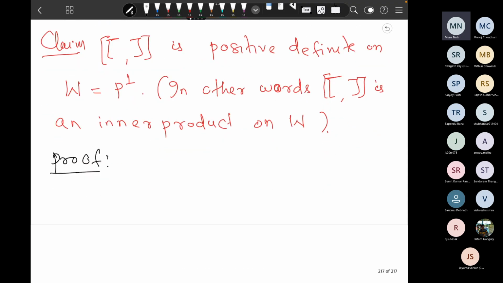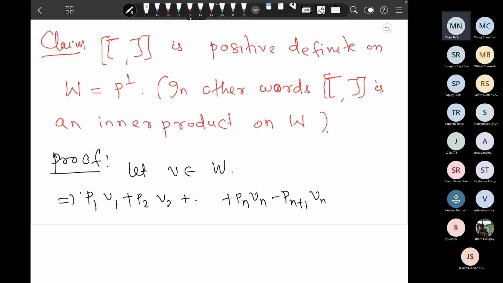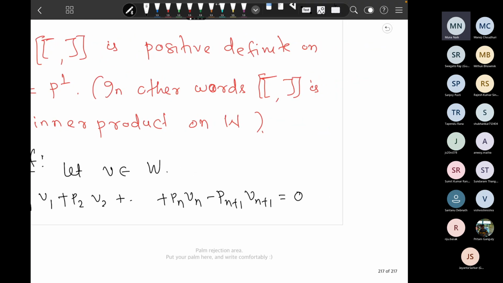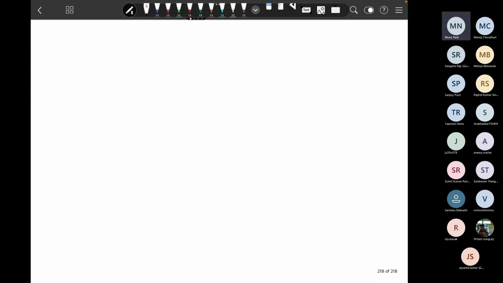Okay, so the proof is: let V belong to W. So this implies P1 V1 plus P2 V2 plus Pn Vn minus Pn plus 1 Vn plus 1 is equal to 0. So I can write that Pn plus 1 Vn plus 1 is equal to P1 V1 plus P2 V2 plus Pn Vn.